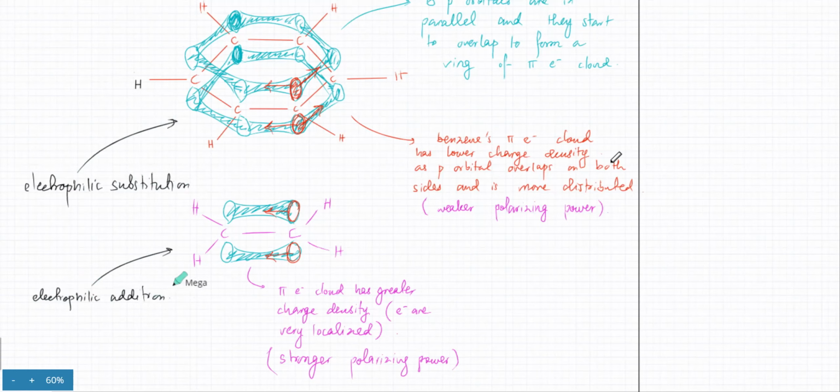ठीक है, so the mechanism is going to be different, mainly because of this charge density. ठीक है, the charge densities are different. So let's start with electrophilic substitution reaction of benzene.